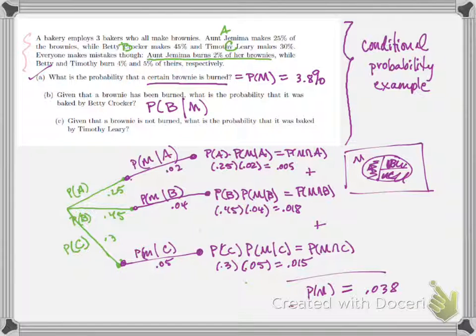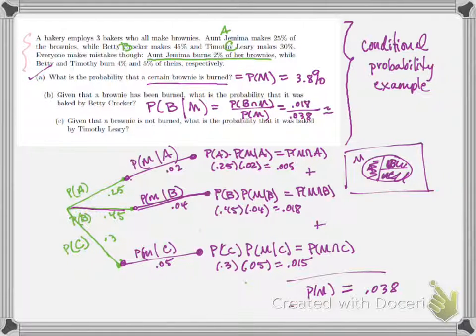All right, that's what that says, which we know is the probability of B and M over the probability of M. Well, we can find B and M along this second traversal, which we know to be 0.018, and we just calculated the probability of M as 0.038, whatever that reduces to.